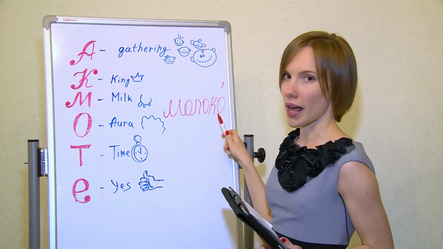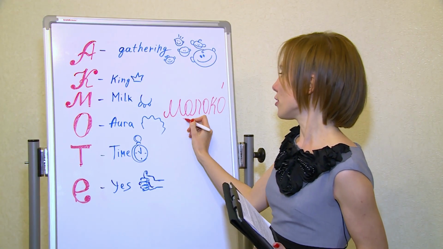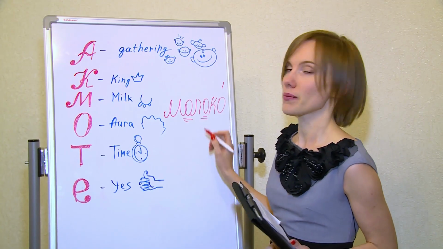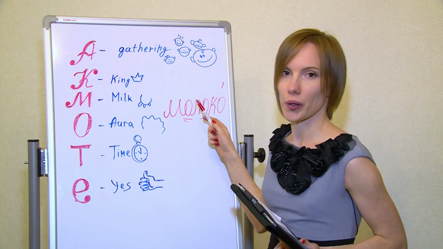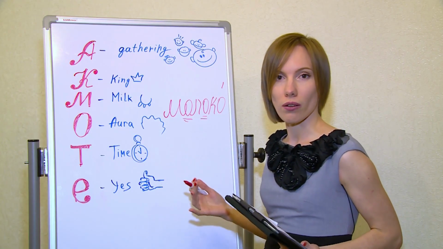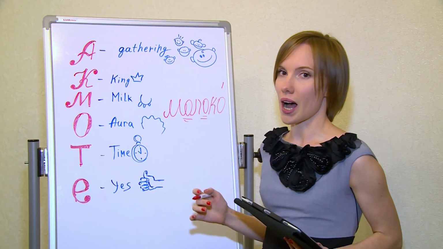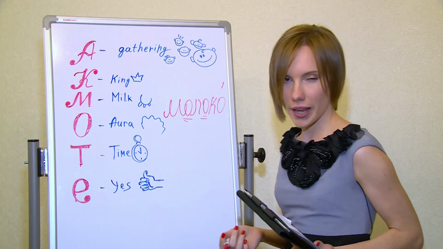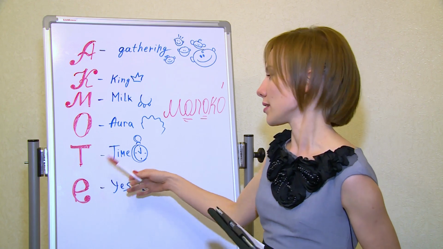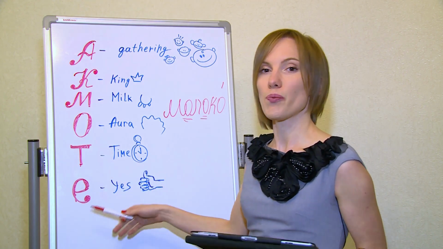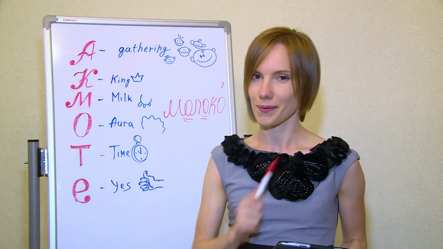Unstressed is the last O. The first and the second are unstressed. That is why we articulate молоко. Not O, but A. Молоко. Okay? Next, T, pronounced as in time, and Y, pronounced as in yes.